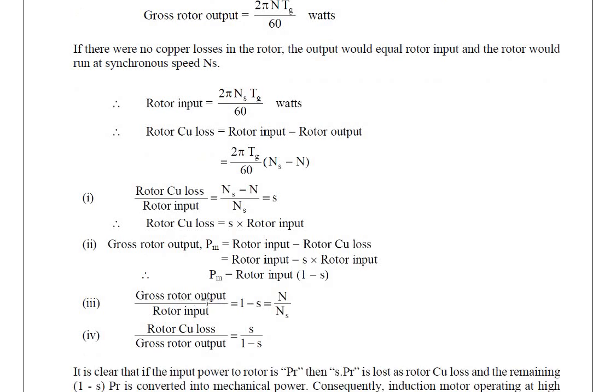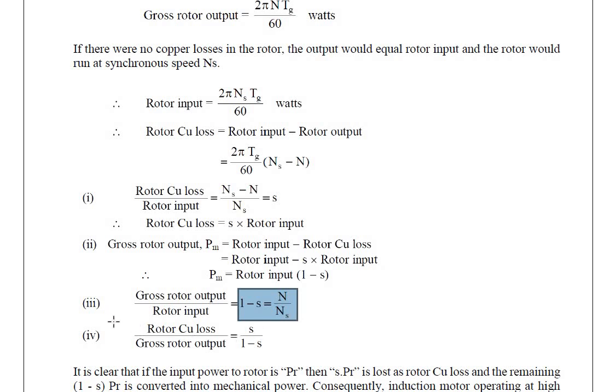Now the third one is the ratio of gross rotor output to rotor input. Rotor input cancels out, and the value of this ratio is 1 minus S, which is the actual speed N divided by synchronous speed Ns.